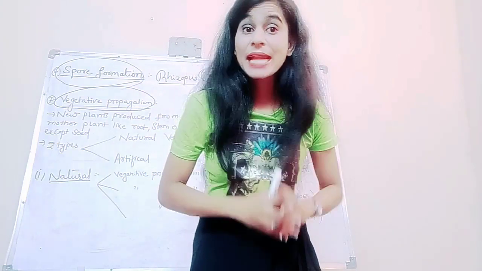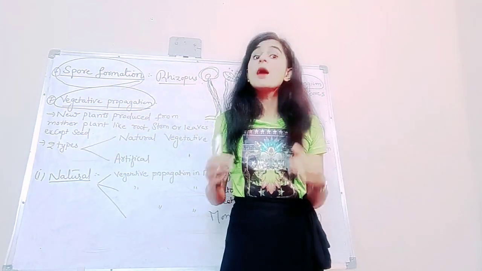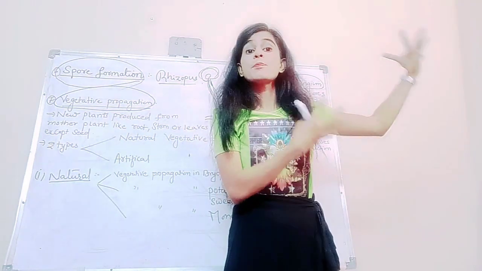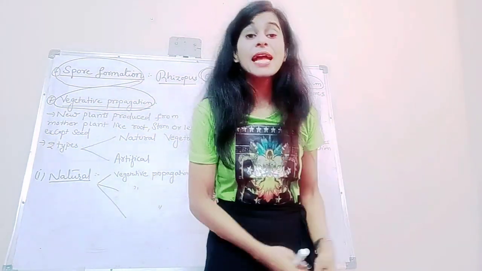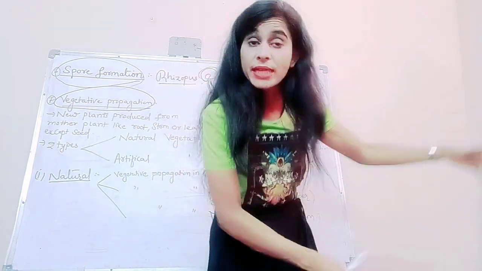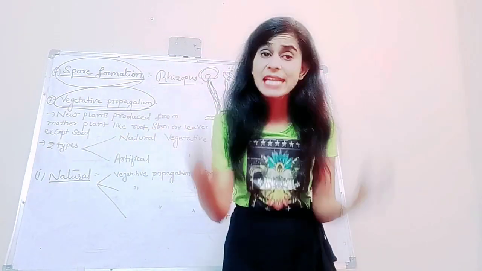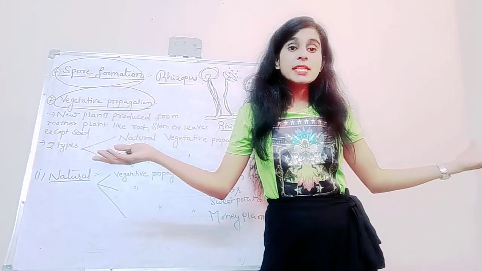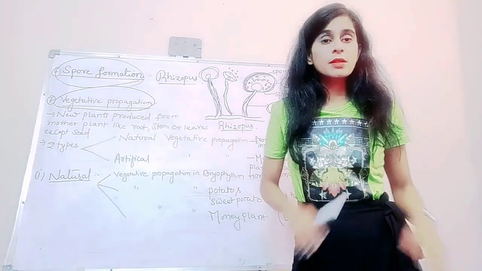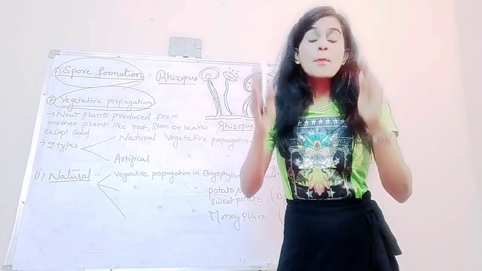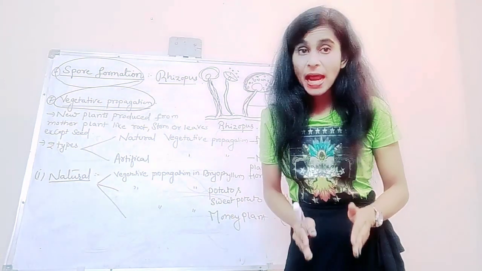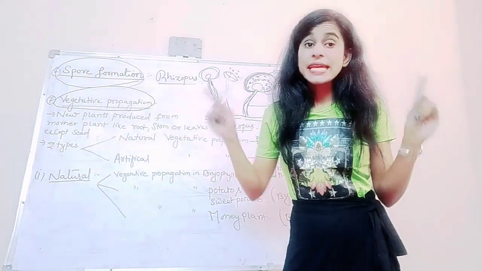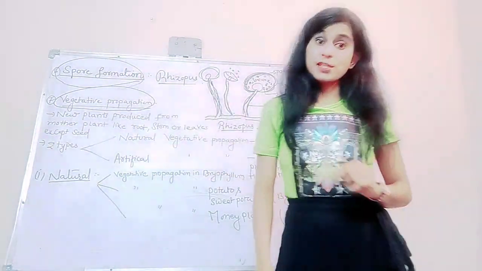When a new plant is produced from the parent plant, from its roots, leaves and stem, it is called vegetative propagation. Clear? New plants produced from parent plants, either from root, stem and leaves, except seed, is called vegetative propagation.